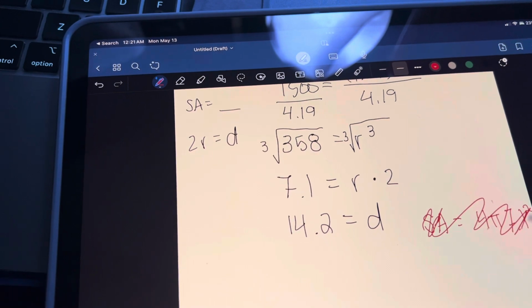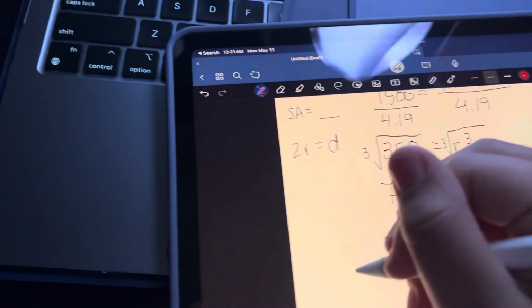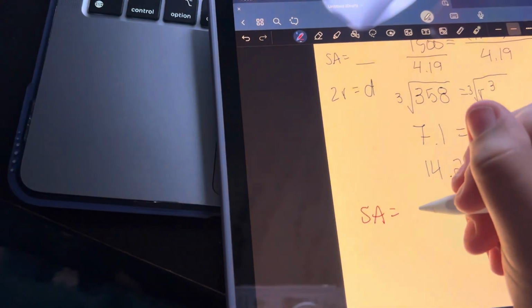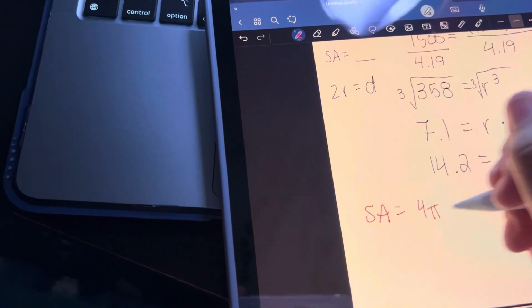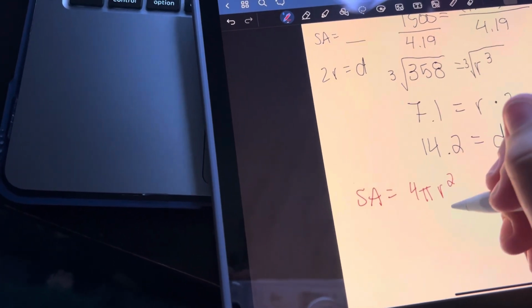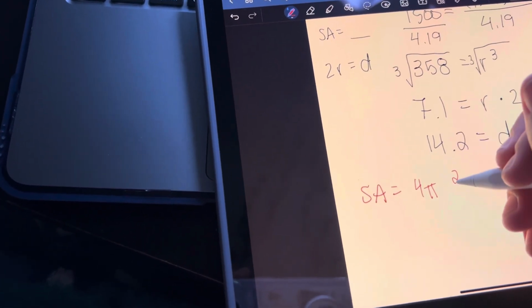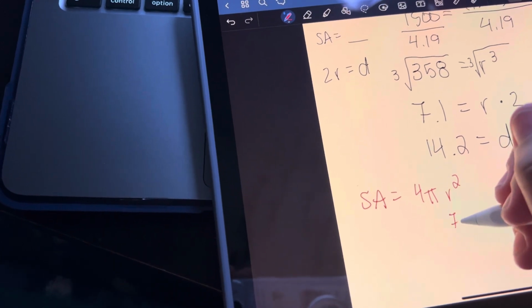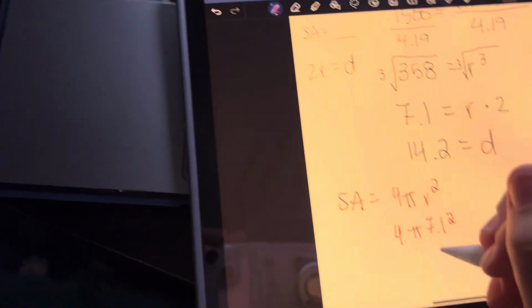So surface area equals 4 pi r to the second, and we figured out that r squared was 50.41.